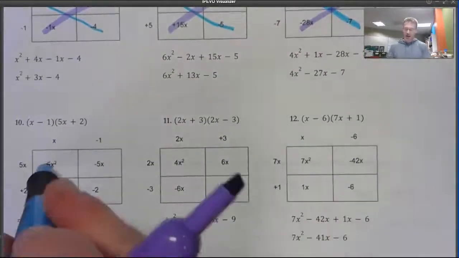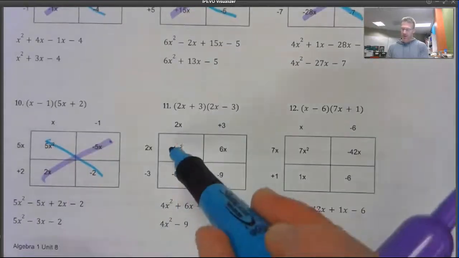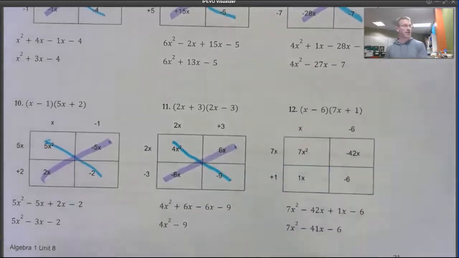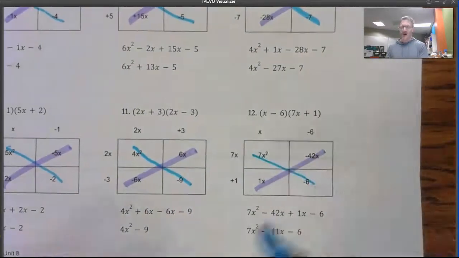So you can see this pattern, -10x squared, -10x squared, -36x squared, -36x squared. So every time, those diagonals in the boxes multiply to the same number.